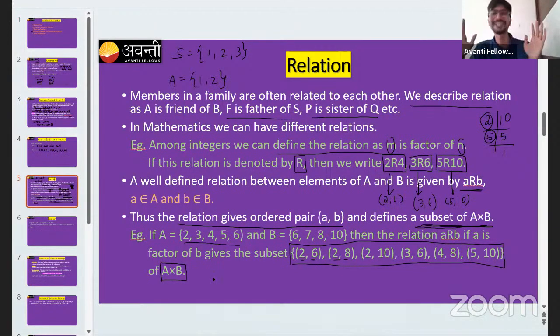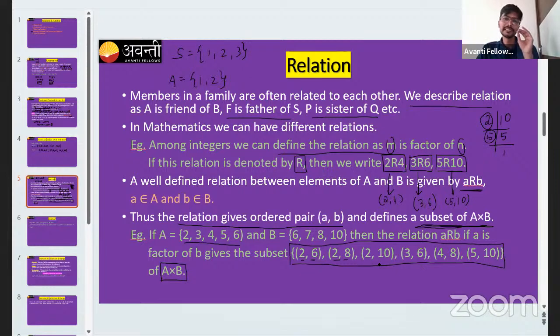So I am not going to write the 20 elements. I just need you all to visualize that out of those 20 elements, the 6 elements will be these: (2, 6), (2, 8), (2, 10), (3, 6), (4, 8), and (5, 10). I hope you are all clear.